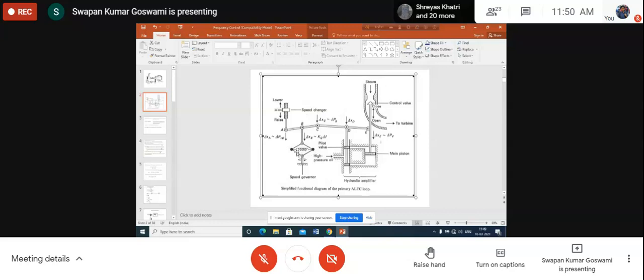Similarly, when the speed is above synchronous, the centrifugal force increases, so this ball moves in this direction and that ball in that direction. As a result, there will be more tension on the spring.